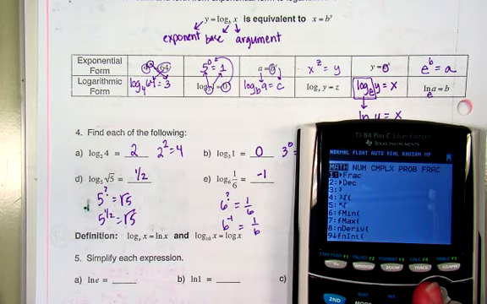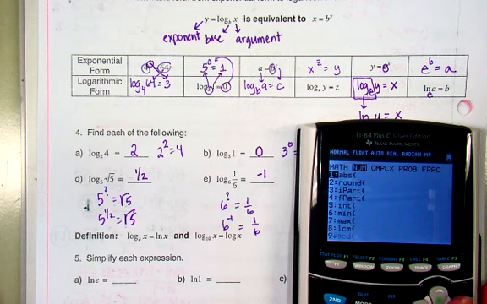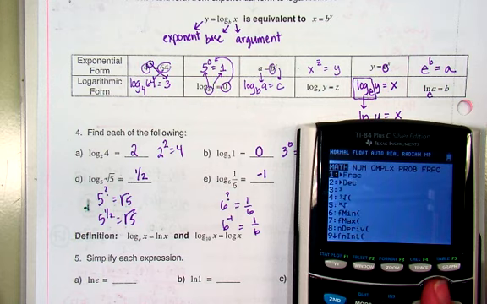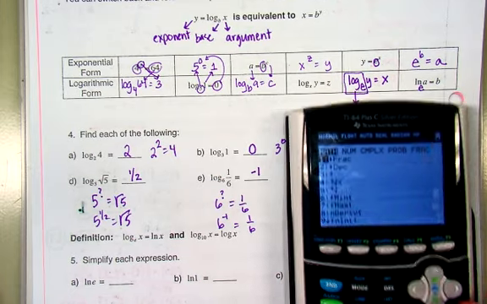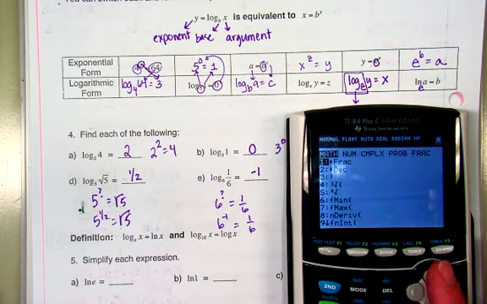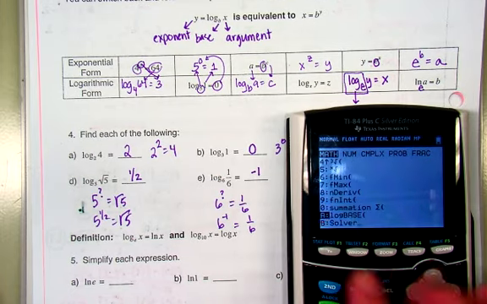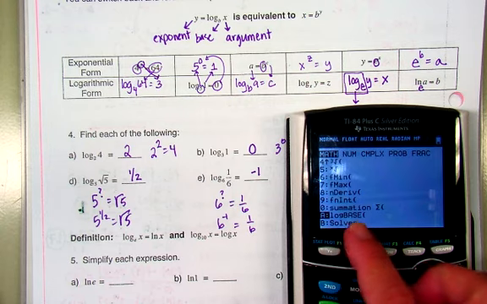It's quicker if you go up once you're in the math menu, because it's almost all the way at the bottom. It's option A there, called log base.